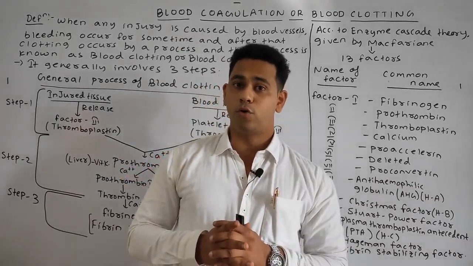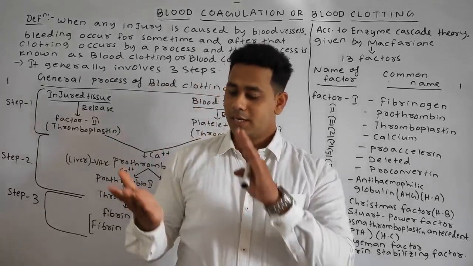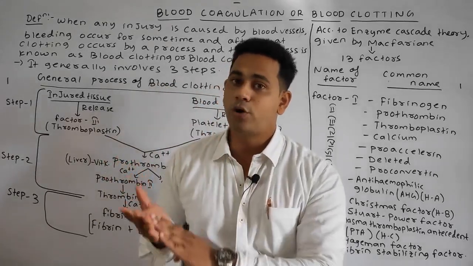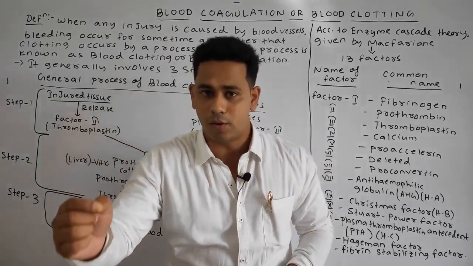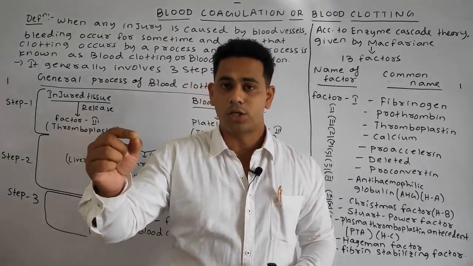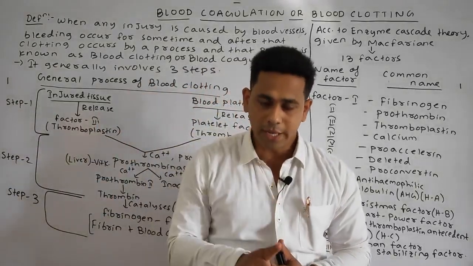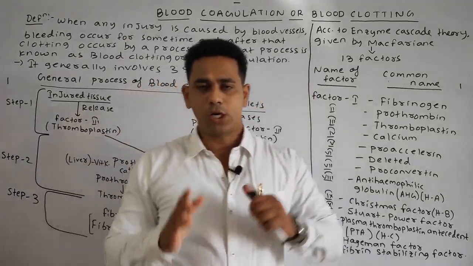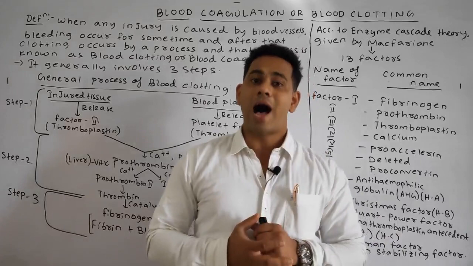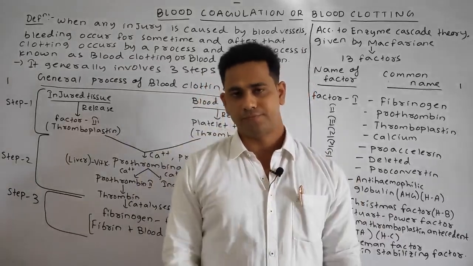After it flows for 2 to 3 minutes or 5 minutes, you will see that the blood does not flow and a clot is formed. The process by which this stoppage of blood occurs is known as blood clotting or blood coagulation. Today we will focus on how blood clotting, how blood coagulation takes place.